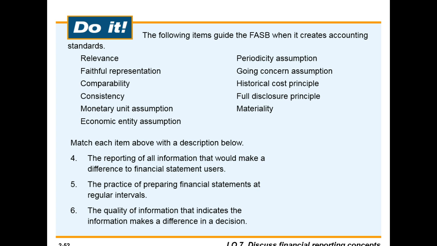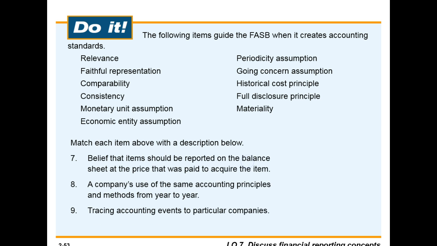The reporting of all information that would make a difference to financial statement users. Full disclosure. The practice of preparing financial statements at regular times. Periodicity. The quality of information that indicates the information makes a difference in the decision. Relevant. Belief that items should be reported on the balance sheet at the price that was paid to acquire them.